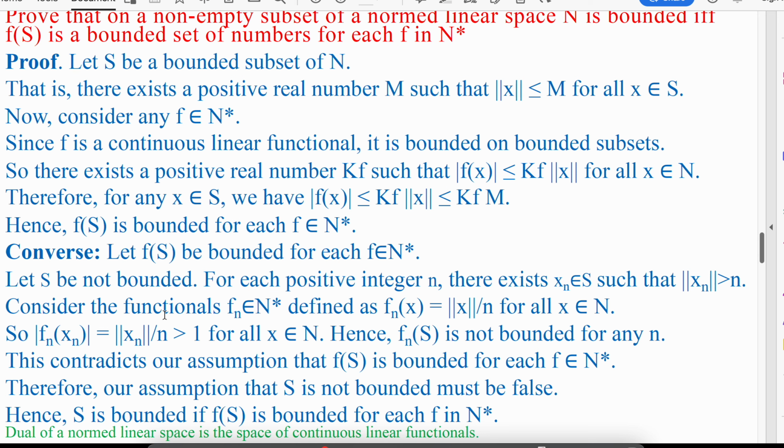So consider the functional f_n belonging to N star defined by f_n(x) equal to norm of x upon n for all x belonging to N. So it means modulus of f_n(x_n) is equal to norm of x_n upon n, and it is greater than 1, because norm of x_n is greater than n.